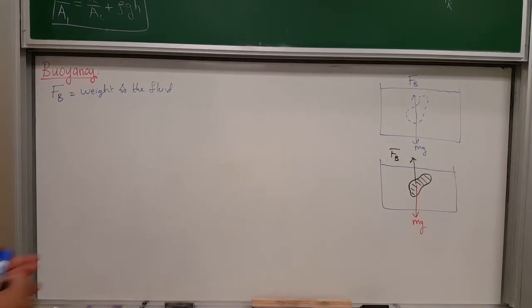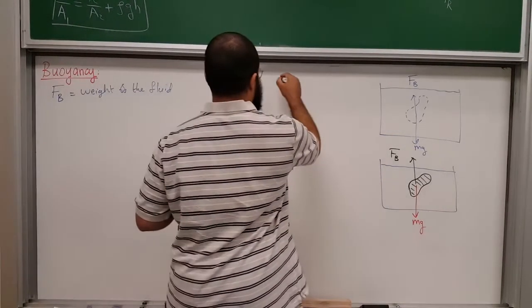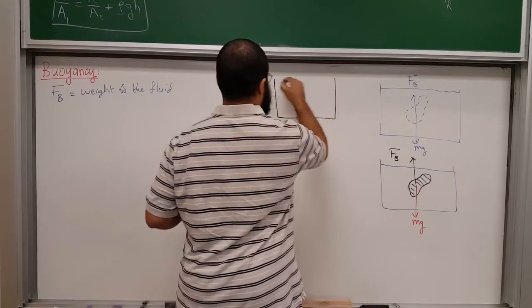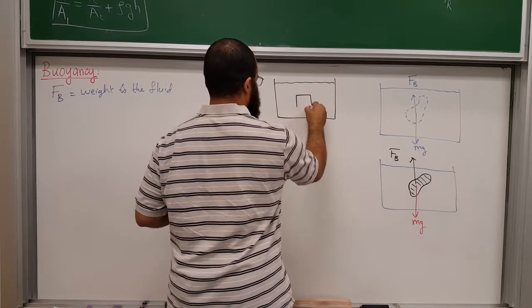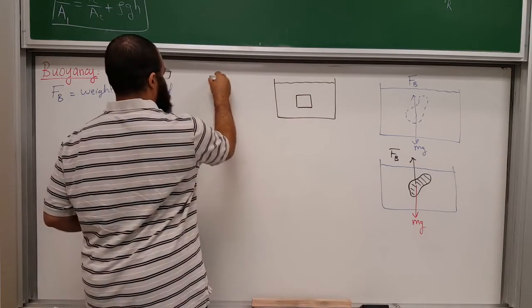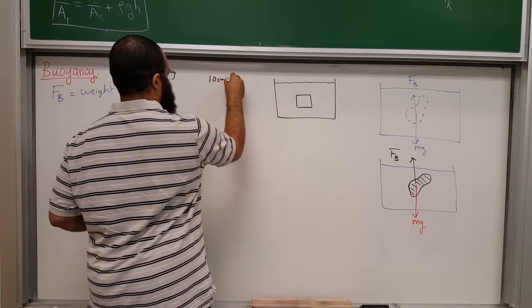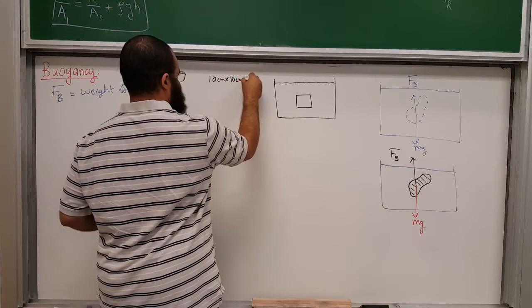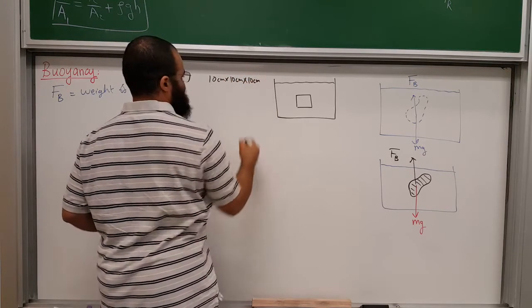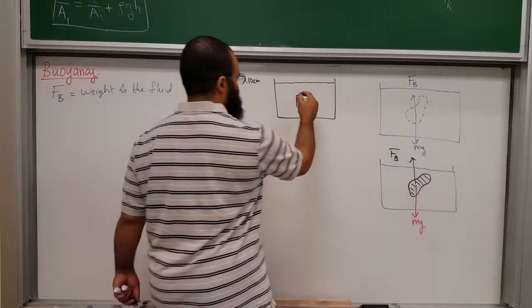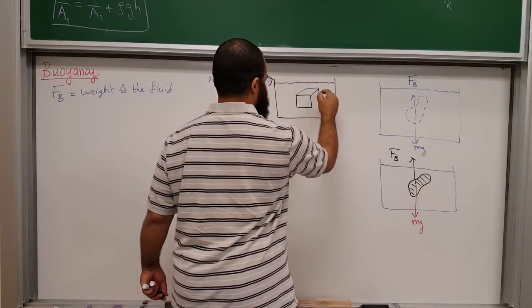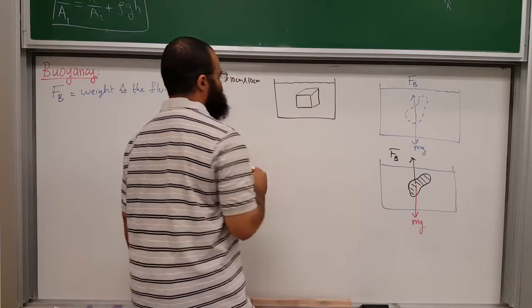So here is the fluid. Here is the piece of wood. It is 10 centimeters by 10 centimeters by 10 centimeters. As you would imagine, the wood wants to float, right? It's a cube of wood. It looks like this. It wants to float.